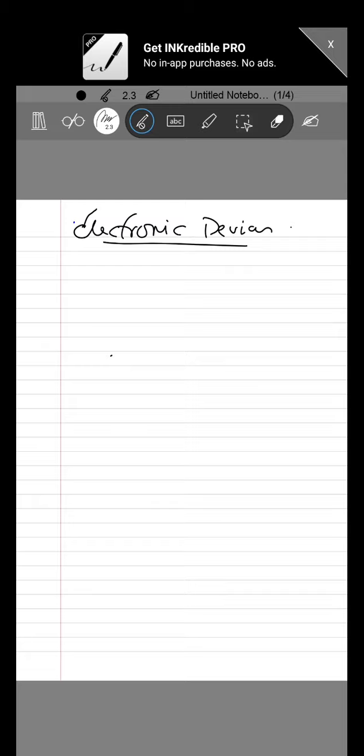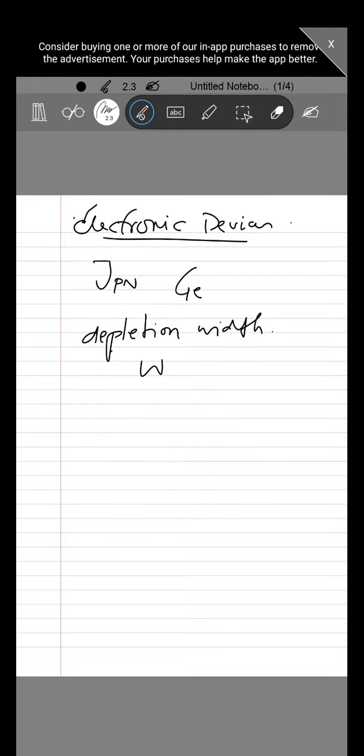We'll discuss the PN junction here. Suppose a PN junction is formed of germanium, and the depletion width of that PN junction, that is WD, is say 1.5 micrometers.